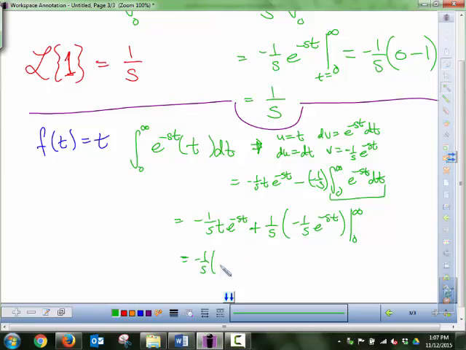Putting infinity here, we're going to get infinity divided by, well, I was going to say this e to the negative st is like e to the st in the denominator. So if I put infinity in for t, infinity in for e to the negative st, it's infinity over infinity.